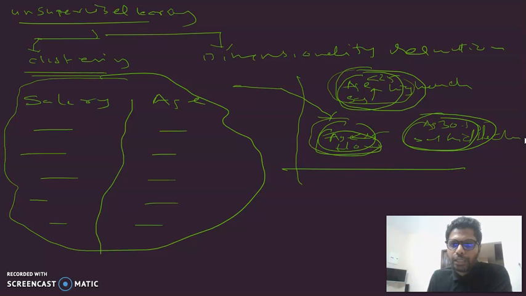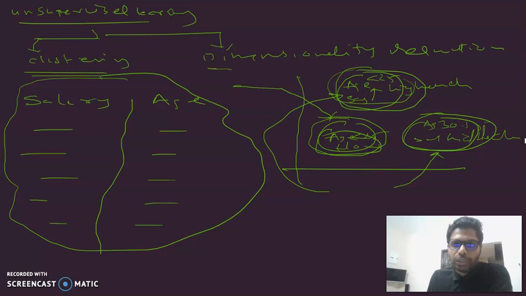I can target lower salary people with a product in the lower range, then middle class people with a medium range product, then higher class people with a high-end product. So likewise, I can target based on the clusters. This is regarding the clustering of unsupervised learning.